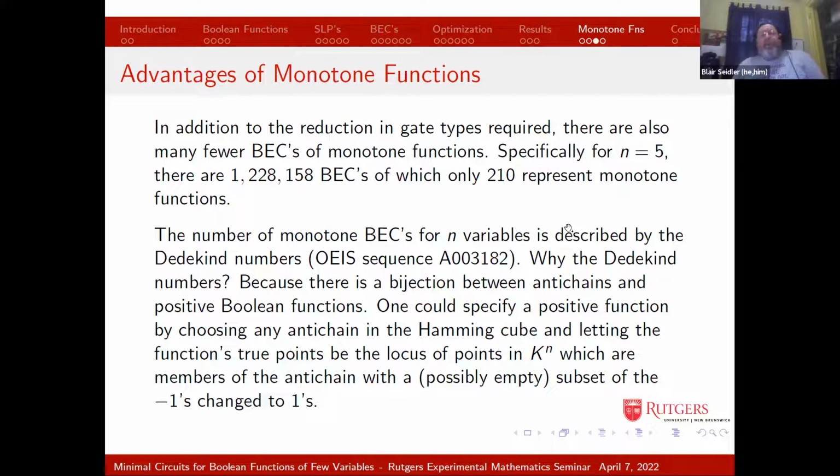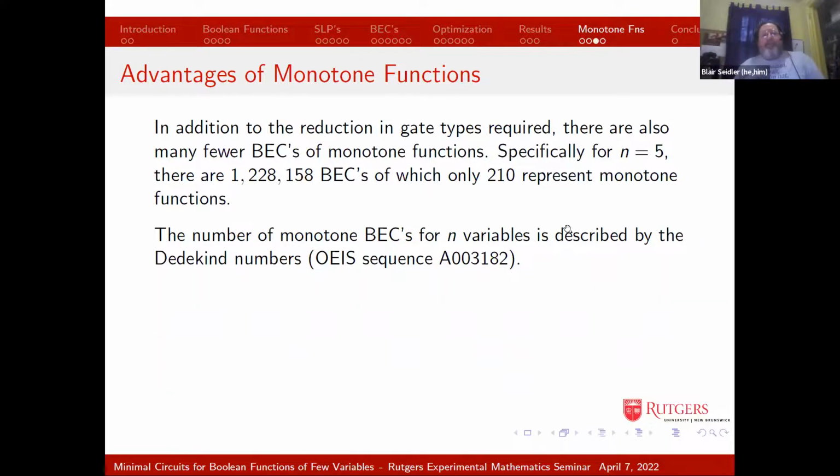The reason for that is simply that you can think of any monotone function as: look at all of the minimum points at which a function is true. That forms an anti-chain, and that anti-chain specifies a particular positive function.